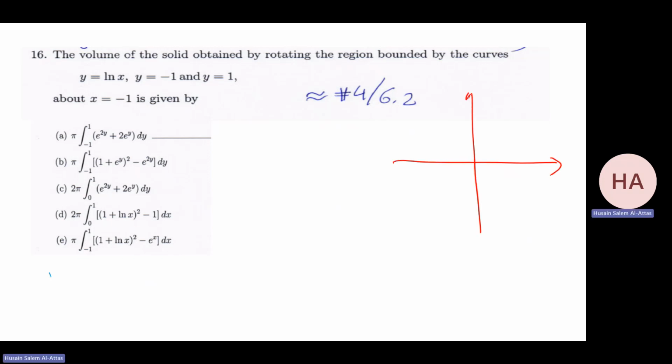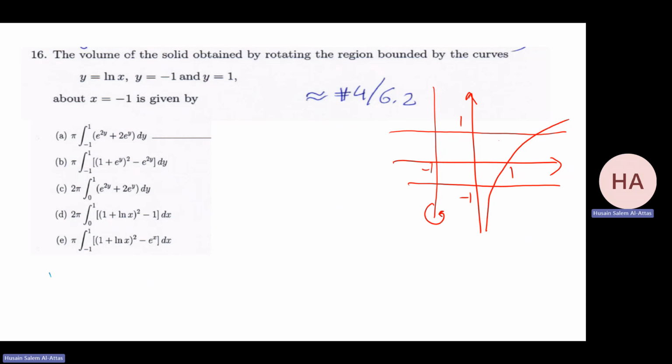This is y equals ln x, this is 1, and I have the lines y equals 1 and y equals minus 1, about x equals minus 1. This is my axis of rotation.